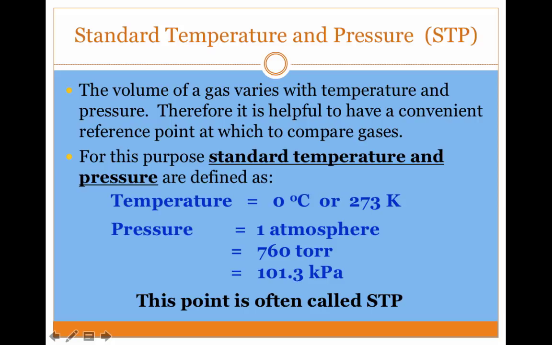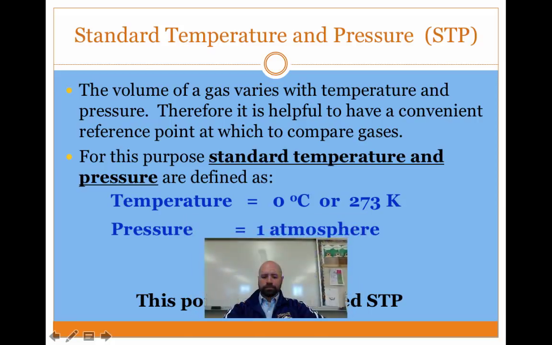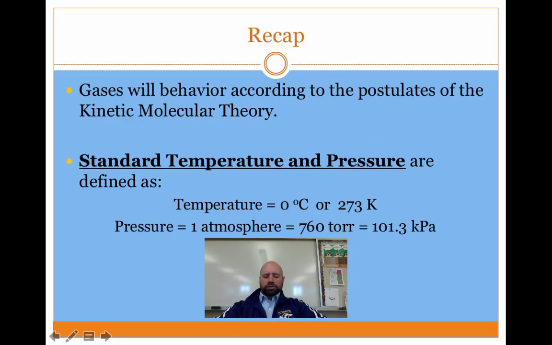We'll talk about this a little more in class, but the ones I want you to remember: standard temperature is 273, and standard pressure is 1 atmosphere. You might also see it abbreviated as STP for standard temperature and pressure. Let's recap very quickly. Our gases are going to behave based on the postulates of the kinetic molecular theory, those 5 or 6 things that we talked about before.